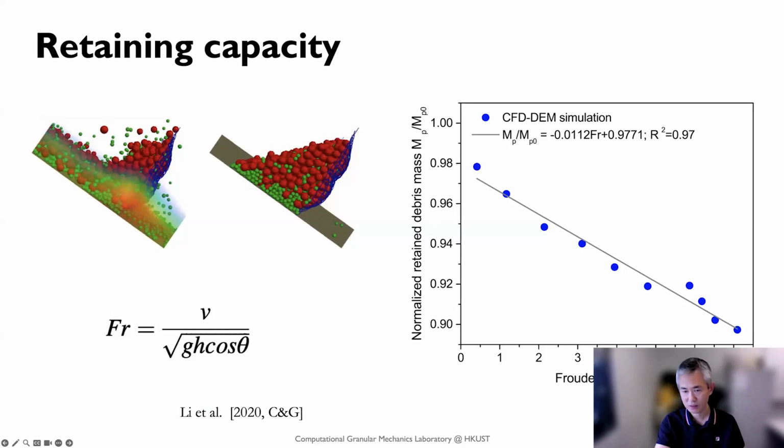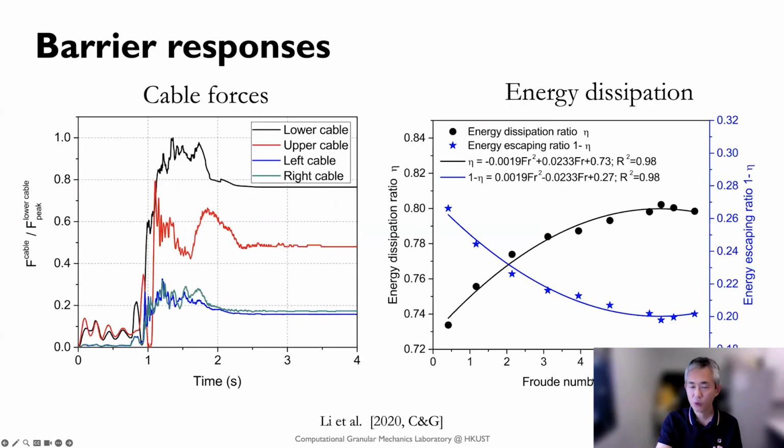We can also quantify the reaction forces in each layer of these cables over the time of the impact here. We can also look at the energy dissipation ratios over different incoming flows with different Froude numbers, and then quantify the efficiency of the barrier mitigation for this debris flow here.